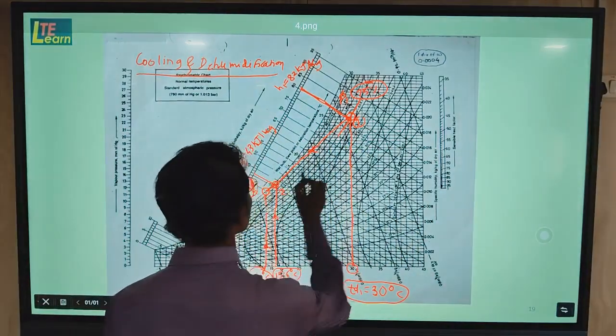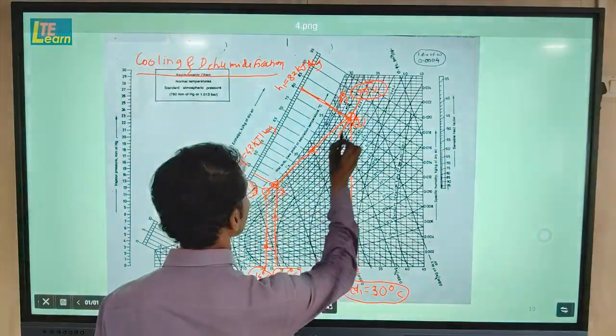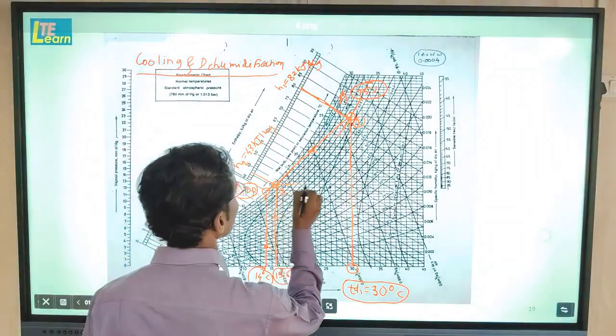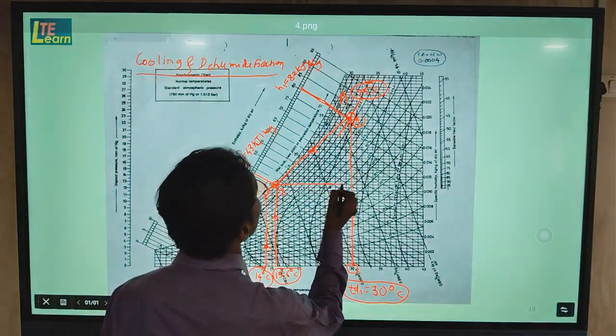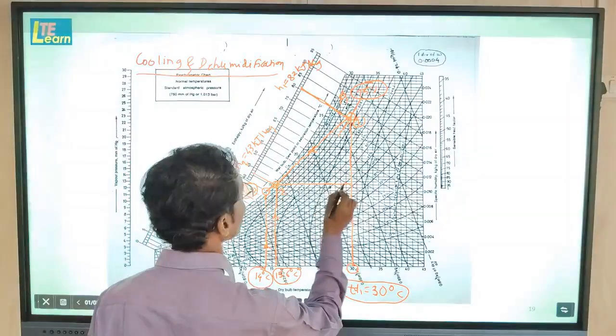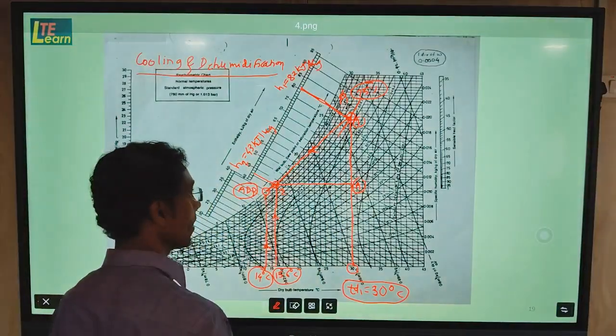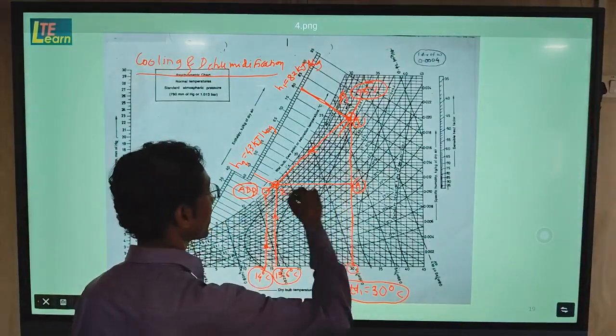So here we have to do one process to obtain that sensible heat factor. For that we draw one horizontal line, and here we get point number A. So here we find this triangle now.